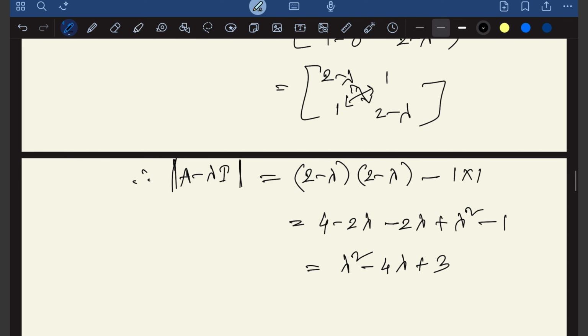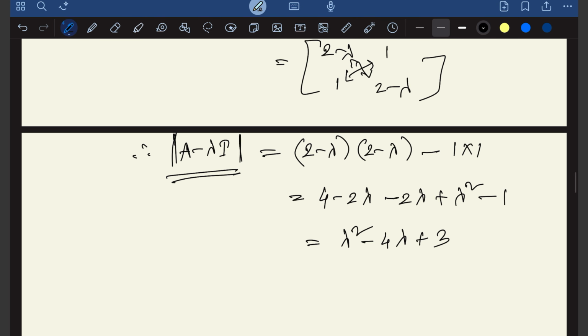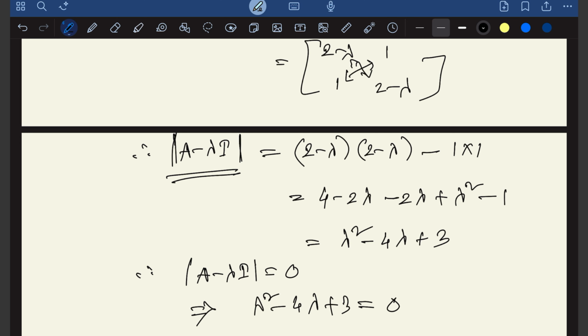So how to find the eigenvalues? I have to equate this part to 0, because the determinant of A minus lambda I should be equal to 0. Therefore, lambda square minus 4 lambda plus 3 equal to 0.